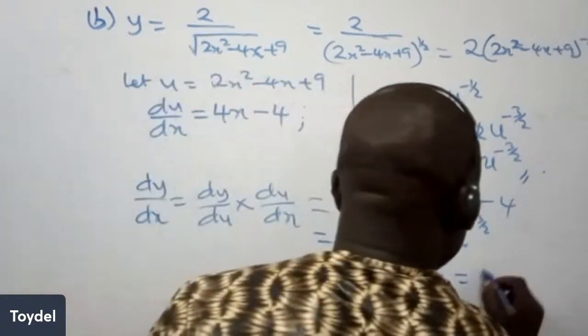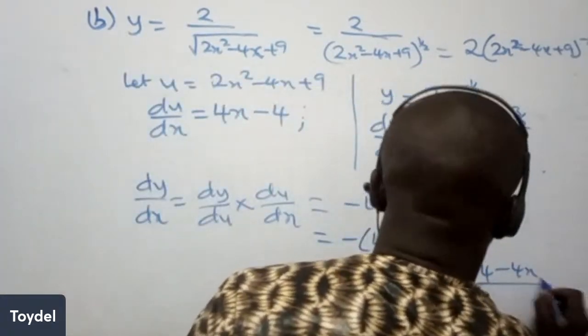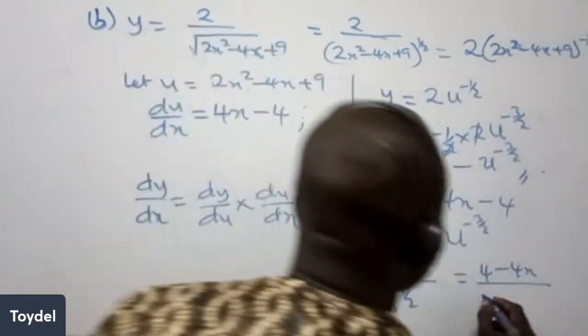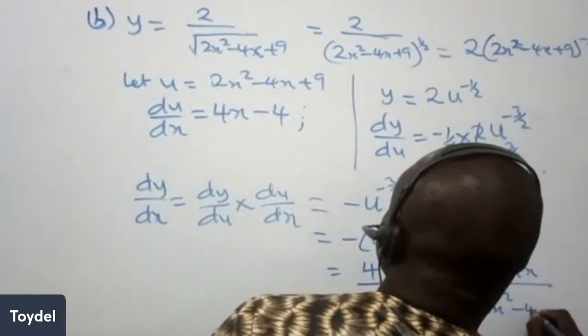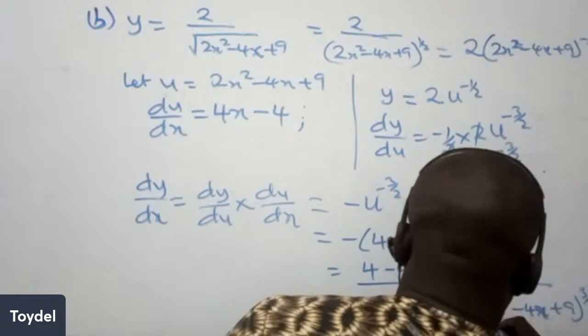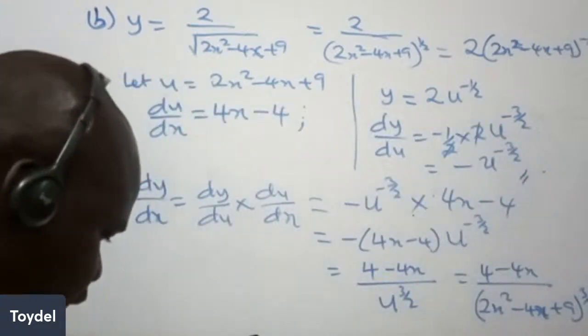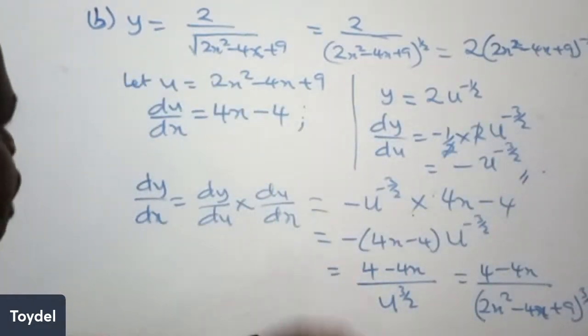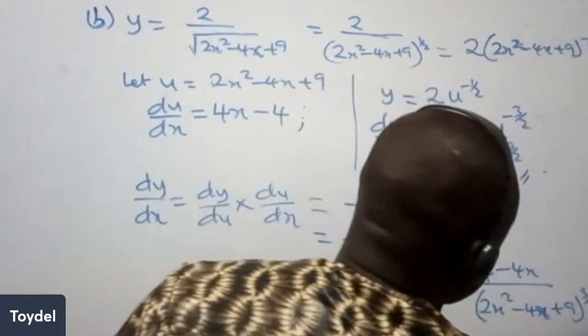And this is the same thing as 4 minus 4x all over, what is u? u is the same thing as 2x squared minus 4x plus 9 raised by 3 over 2. And that's what we are going to get. That will be the final answer for the question.